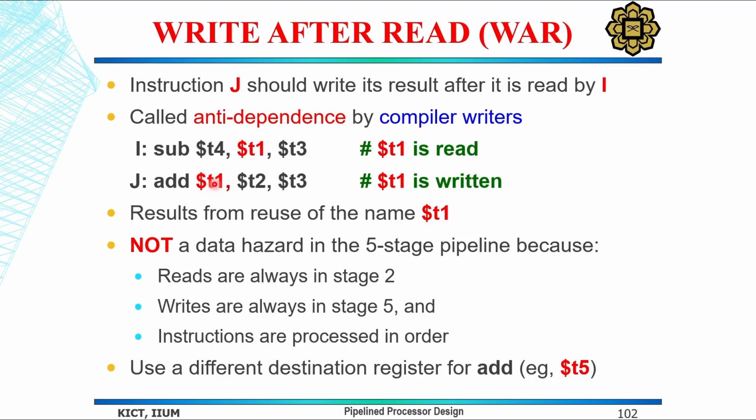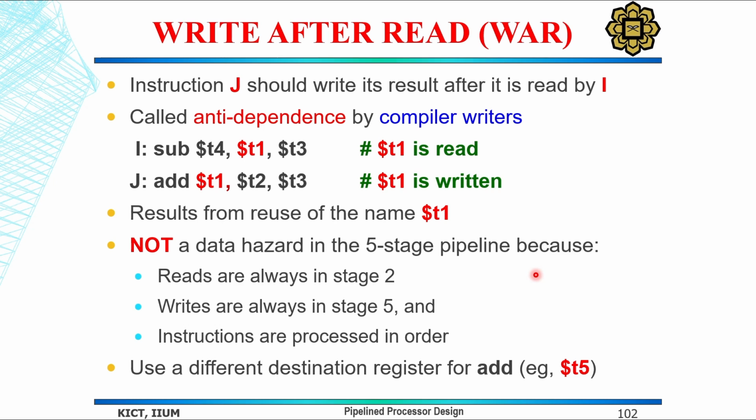In the second instruction, add, T1 is being written. So the read happens first, and the write comes after that, with the same register $t1 being used. This is write after read. Would that be a problem?